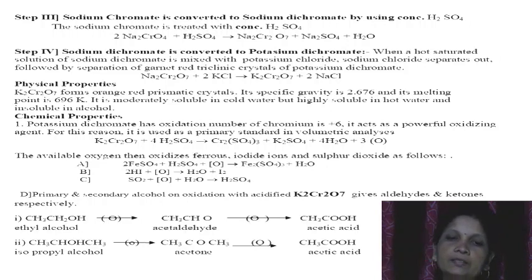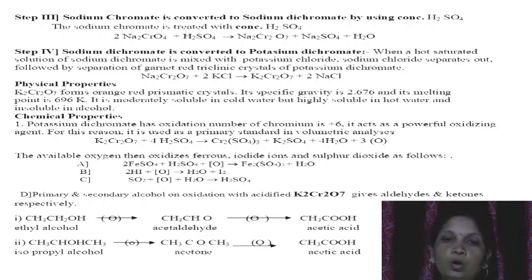Now let us discuss the primary and secondary alcohol oxidation with acidified K2Cr2O7. This will firstly give aldehyde or ketone and then it will turn into acid. So this reaction is very important and it is also included in the topic aldehydes and ketones. So repeated reactions we are going to see here.